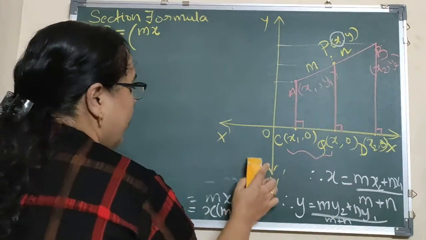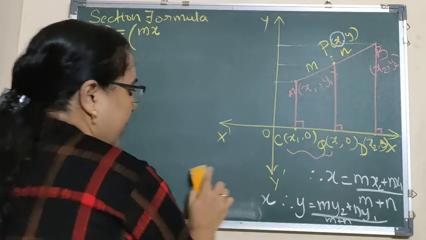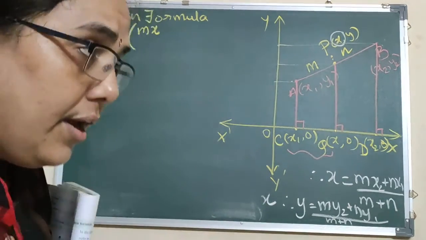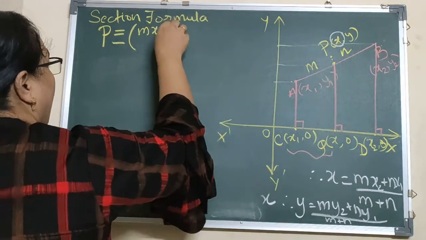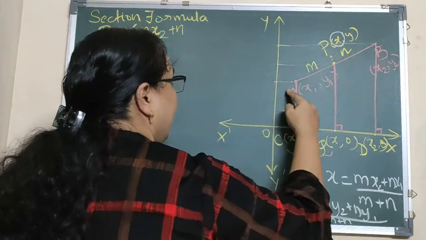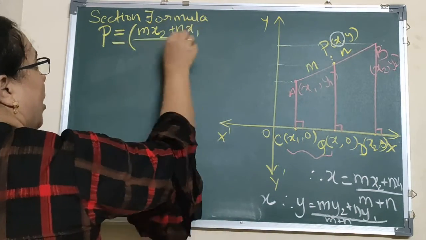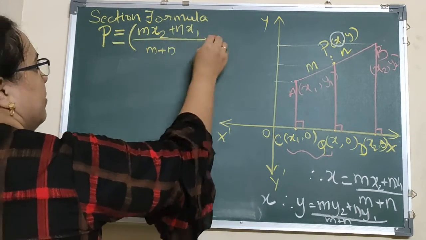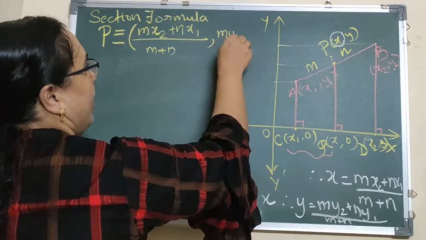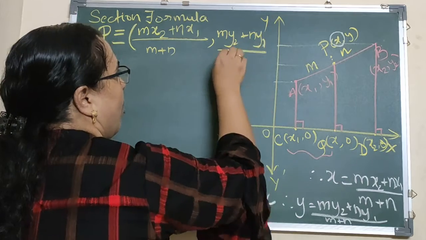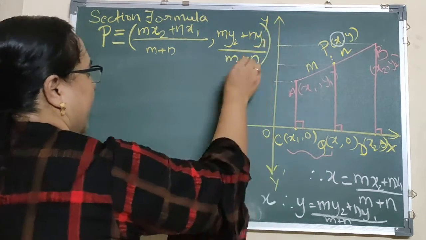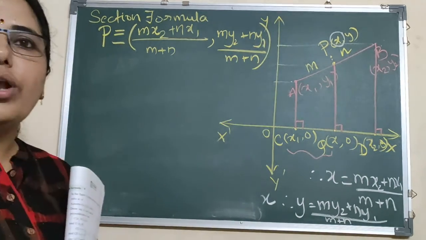We have already found it by the formula. So let us put it up. What is x? It is mx2 plus nx1 upon m plus n. Similarly, y is my2 plus ny1 upon m plus n. I hope the section formula is clear.